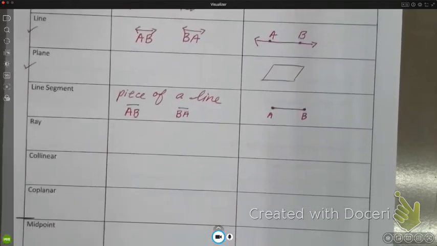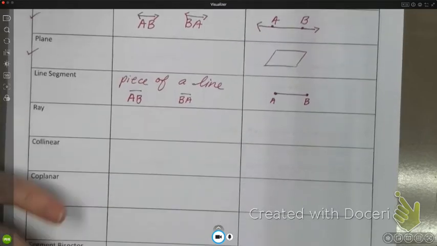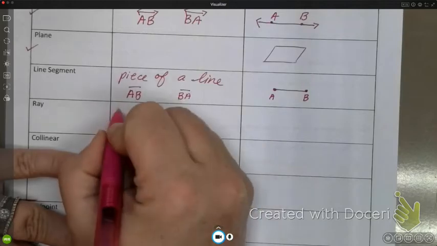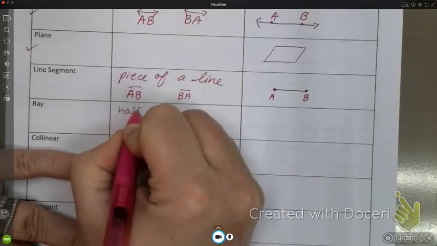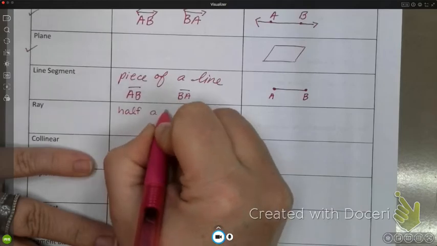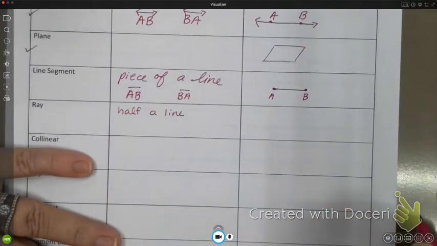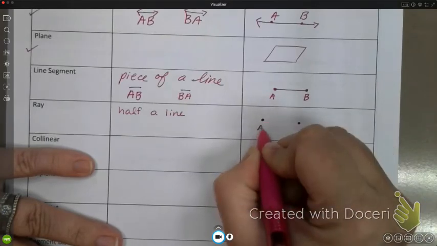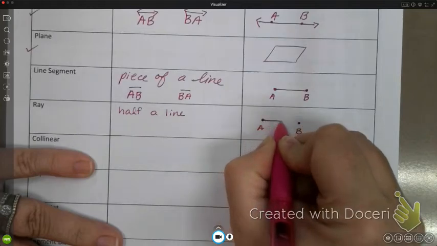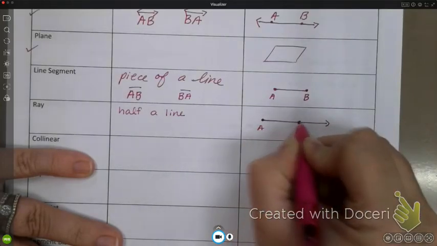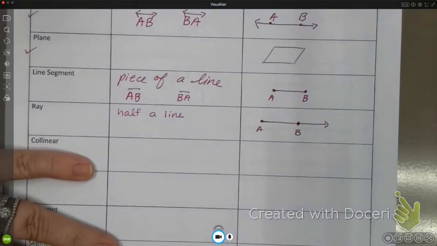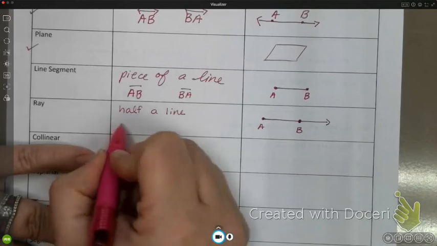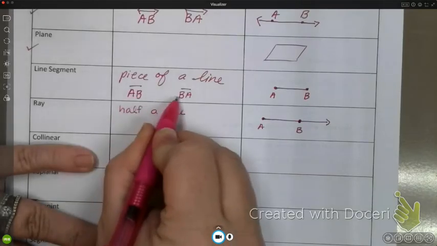Okay? And then the last one we're going to cover today is a ray. Guess what a ray is? Aw, no, not a ray of sunshine here. It's a point with an arrow. It's half a line. So if I have this example right here, here's point A, and here's point B, it's going to start at one, but it's going to go through the other. So it only has an arrow one direction. Now, something that is important is this one, it does matter whether you do AB or BA.